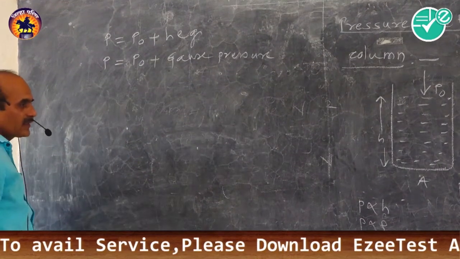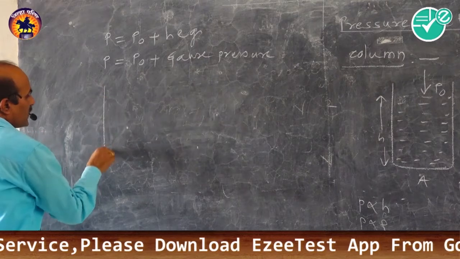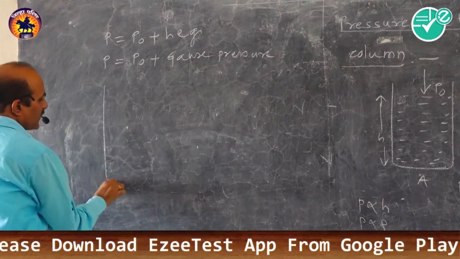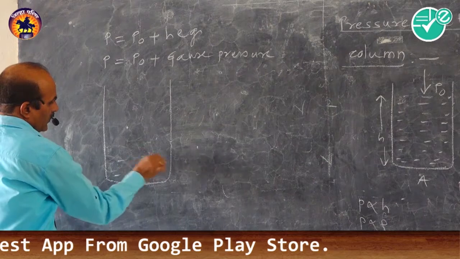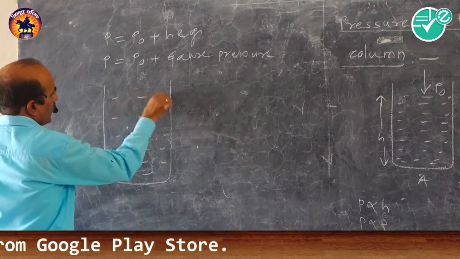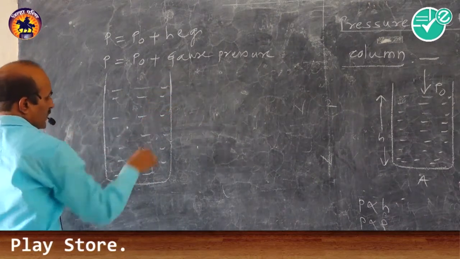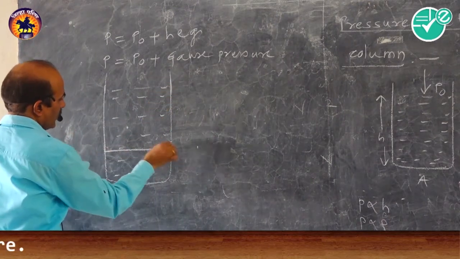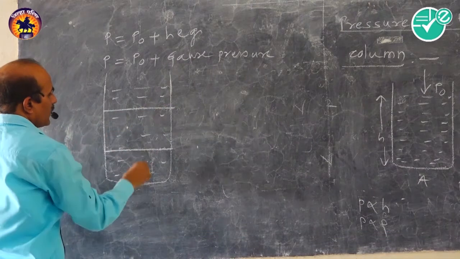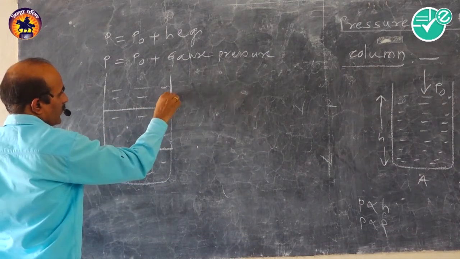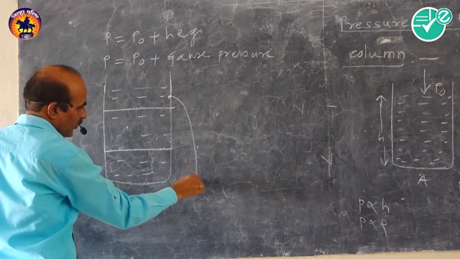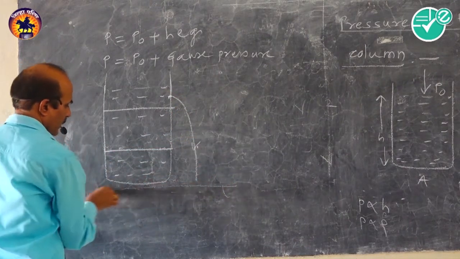If we see the effect of height, I can draw the figure for it. Suppose there are 3 sections of the liquid, and if you have a hole, you can find that the liquid is falling like this.